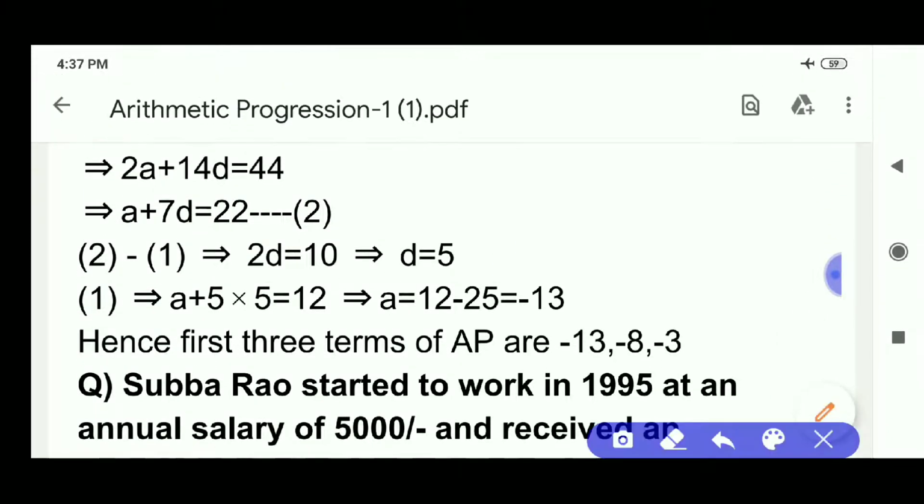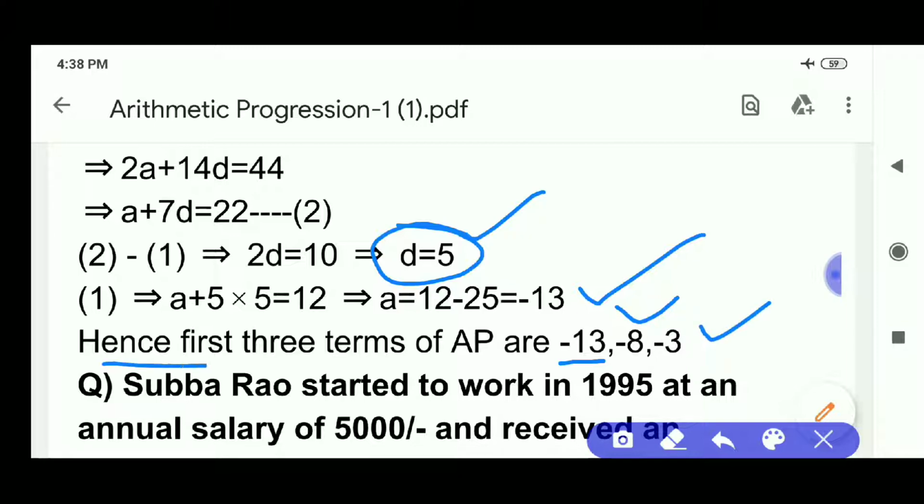By substitution of the D value in the first equation, we get A as minus 13. So the first term is minus 13. The common difference is 5. Add 5 to minus 13. It is minus 8. Again add 5. It is minus 3. So the first three terms are minus 13, minus 8, minus 3.